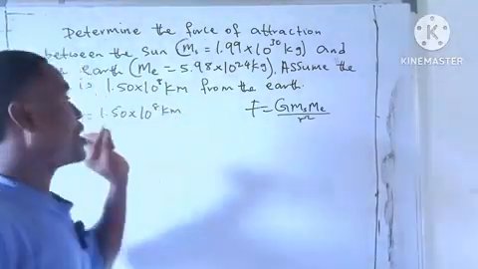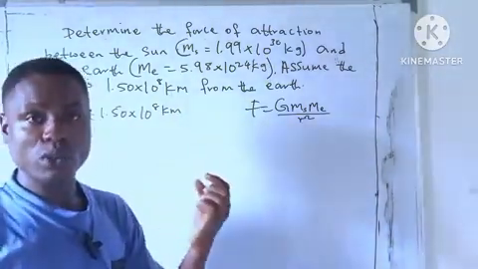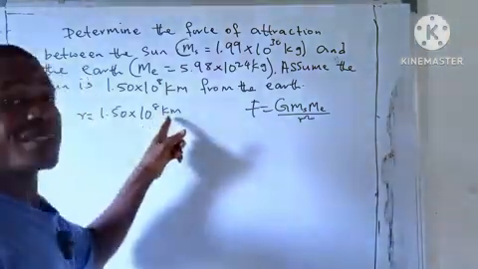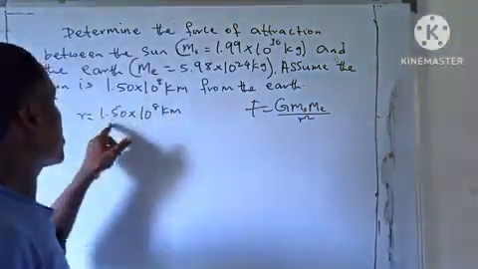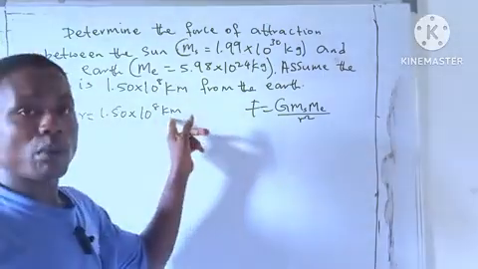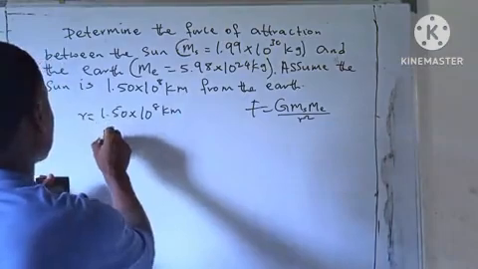But converting from centimeter to meter, we use division, dividing by 100. But this one is in kilometer, so to convert from kilometer to meter, just multiply the given number by 1000.